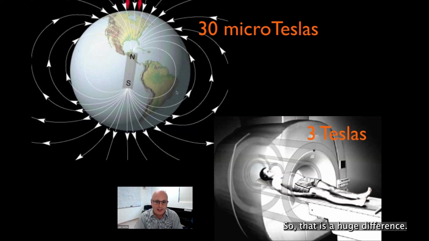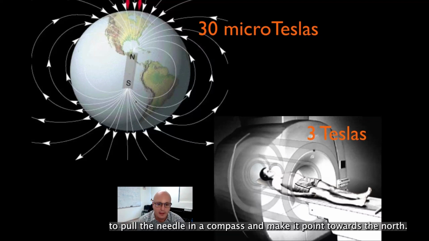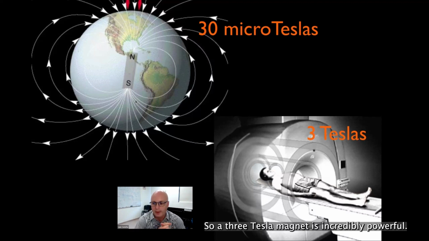So that is a huge difference. And we know that even such a small field can provide enough energy or enough traction, let's say, to pull the needle in a compass and make it point towards the north. So a 3 Tesla magnet is incredibly powerful.